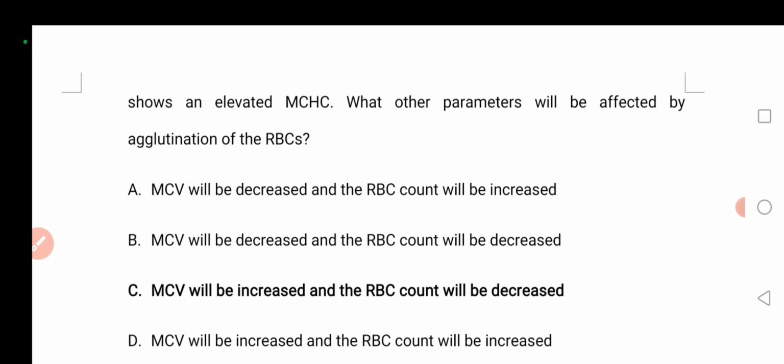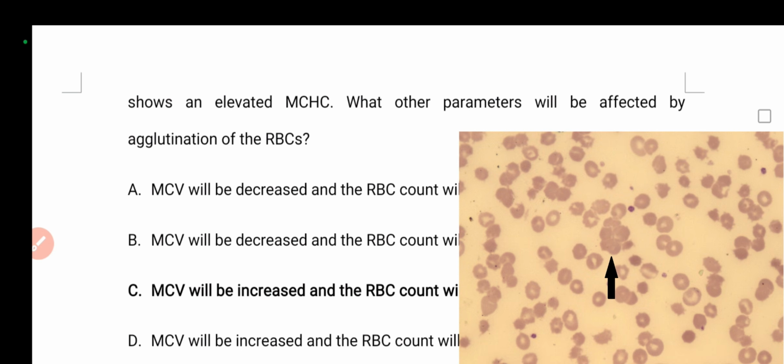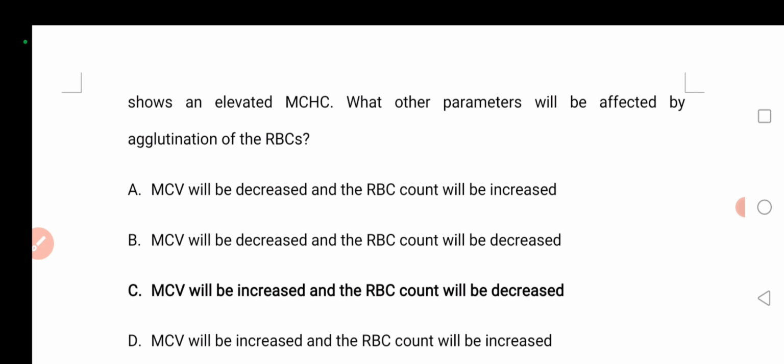MCV. B says MCV will be decreased and the RBC count will be decreased. Indeed, the RBC count will be decreased, but again, MCV will not be decreased. C says MCV will be increased and RBC count will be decreased. This is the correct answer, because during agglutination, 2 or 3 cells may be counted as one by the automated analyzer.